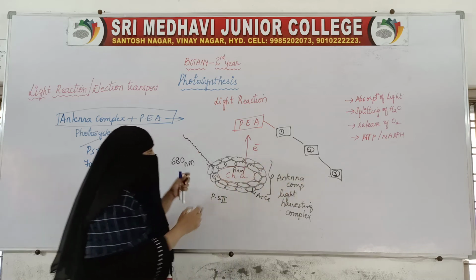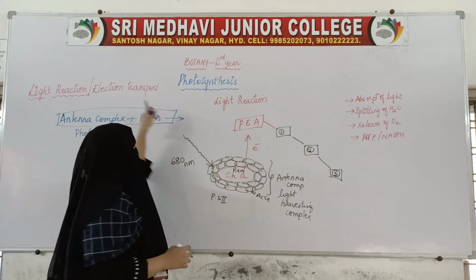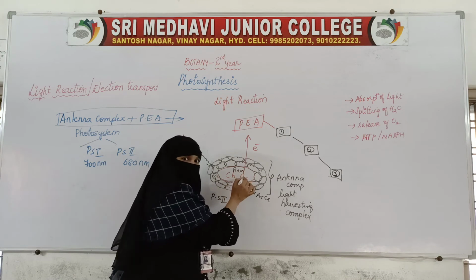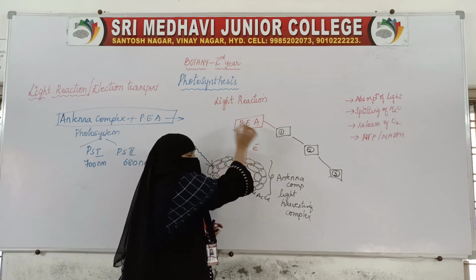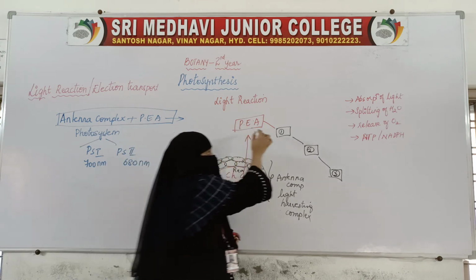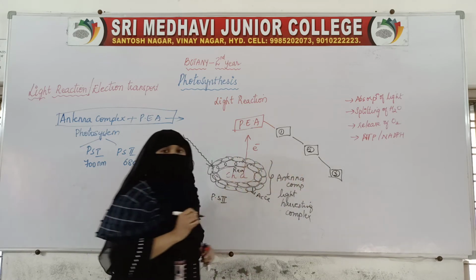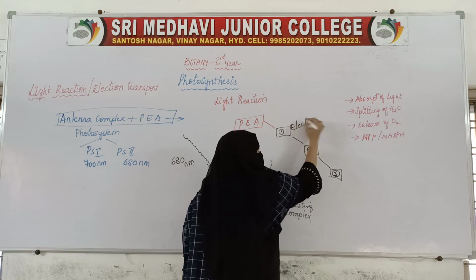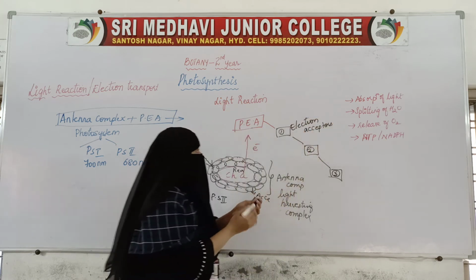This is called the electron transport chain. The electron is transported from chlorophyll A to the primary electron acceptor to a series of electron acceptors, which accept this electron.